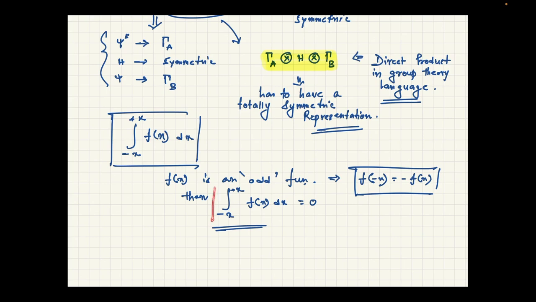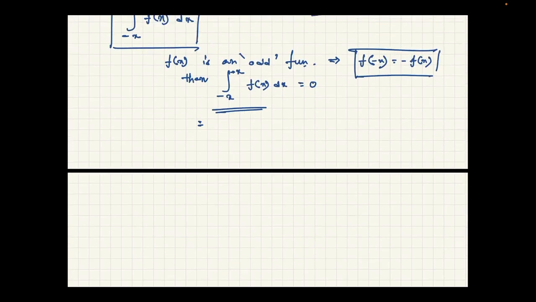So when you are doing this integration from minus x to plus x, the integral of f(x) dx will be what? You can just split it up. It will be minus x to 0 f(x) dx plus 0 to x f(x) dx, right?